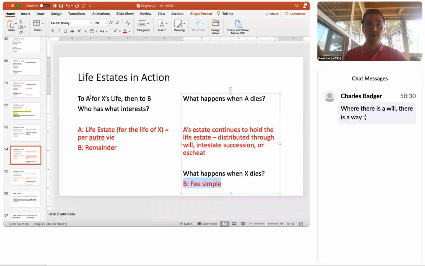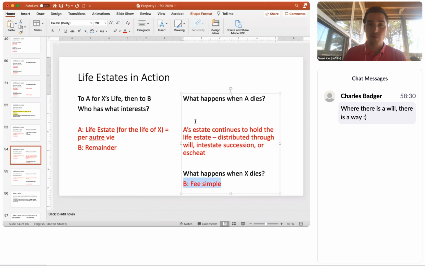They are out. They had a bundle. It was great. Now it's gone. And that's the end of O. So unless O has maintained some sort of interest for themselves, O is out of the story.